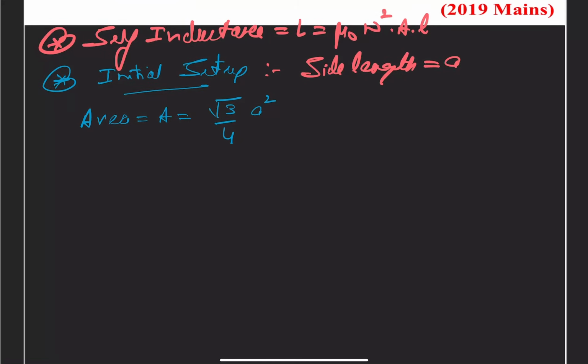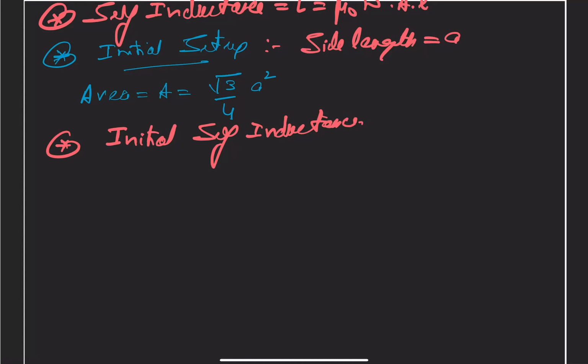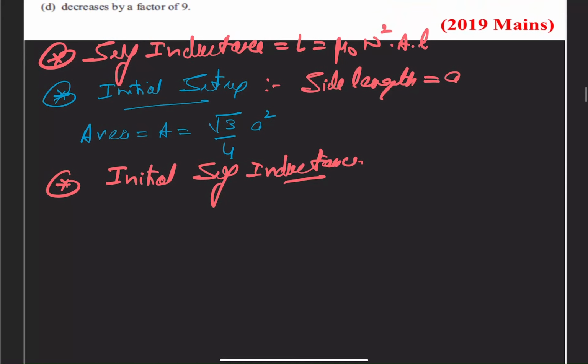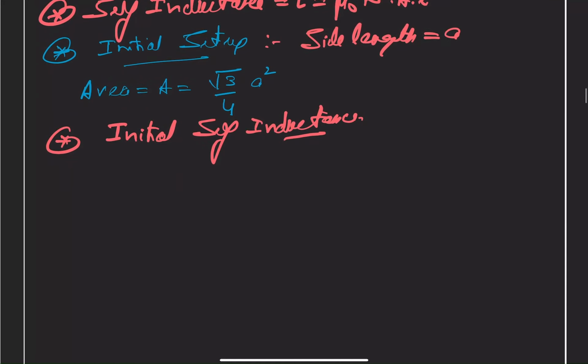So in the initial setup, we are going to calculate the initial self-inductance. The self-inductance, we already know the formula, mu naught n square A upon L. In this case, we are mainly interested in L, that's the length of the coil.